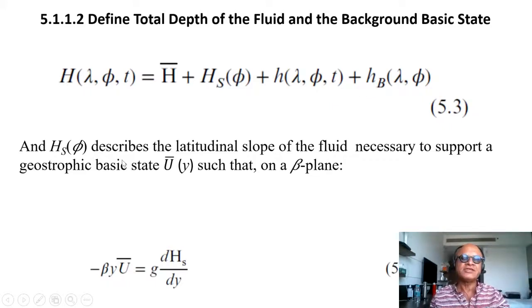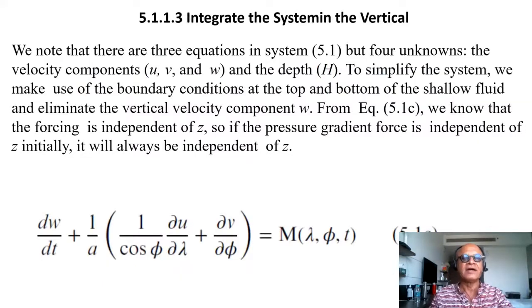Here, H_s describes the latitudinal slope, as we already saw, which is necessary to support the basic geostrophic velocity on a beta plane. So the balance there is just minus beta y, which is f, times u bar equal to g dH_s/dy. So the meridional pressure gradient is going to give us a zonal velocity, which is what we have already learned.